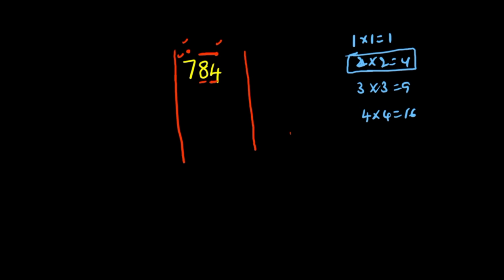That means 7 you can get actually here, but this 9 is more than 7, so we will prefer this 2 2s are 4. So now I am going to take 2 2s 4. Now you can subtract 4 from 7, then you will get here 3. Now bring down these 2 digits, 8 4, 84.